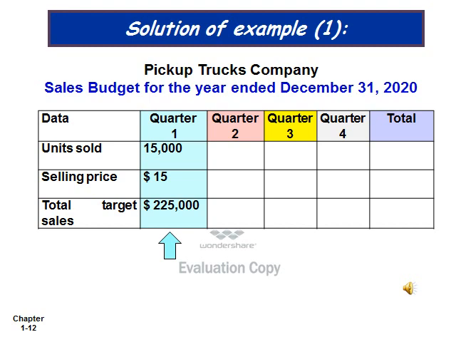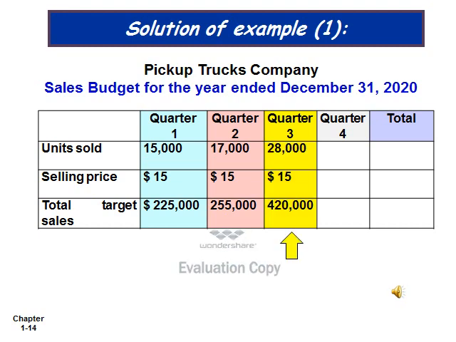In quarter 1, units sold are 15,000. Selling price is $15. So 15,000 times $15 equals $225,000. In quarter 2, units sold are 17,000 and selling price is $15. So 17,000 times $15 equals $255,000.